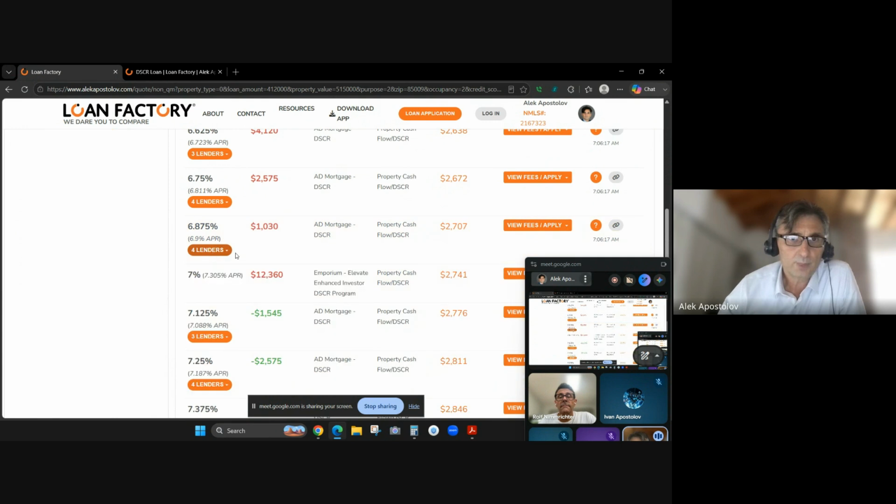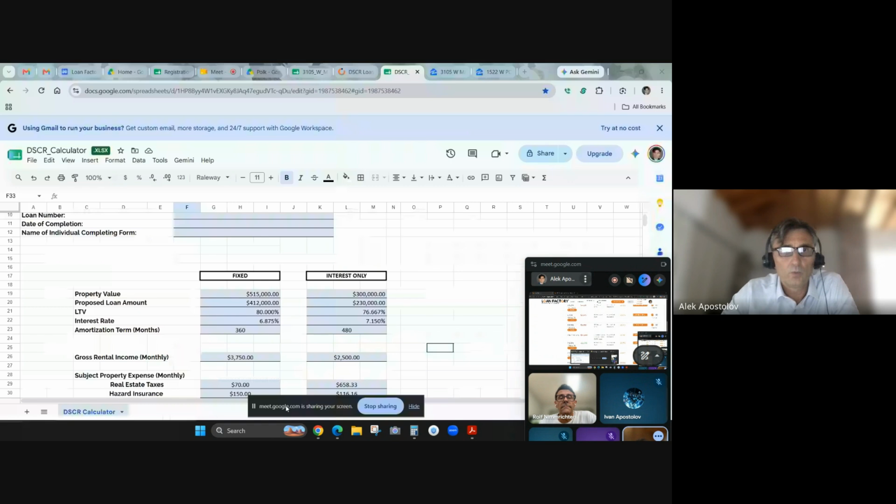And it's much better than, for example, paying $12,000 for 7% or receiving $1,500 for a 7.125 rate. So with just a $1,000 payment to buy down the rate, we can get a much lower rate at 6.875.